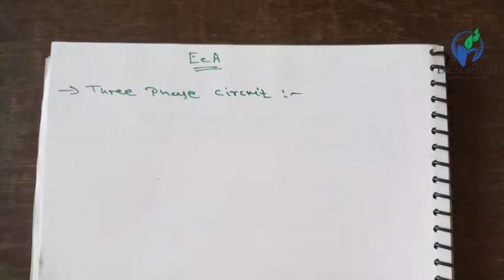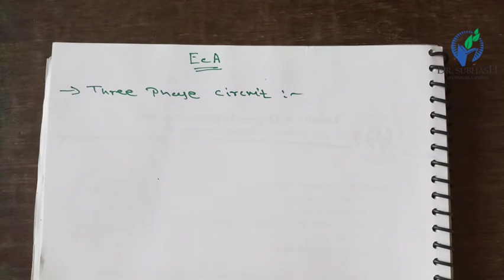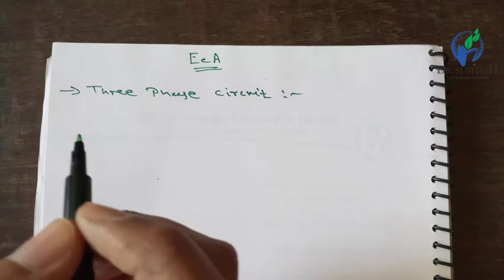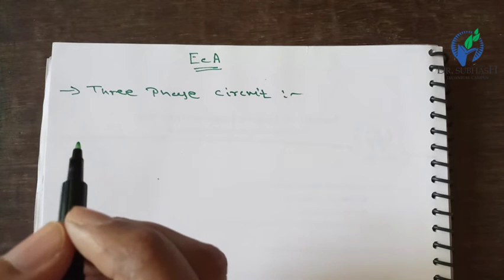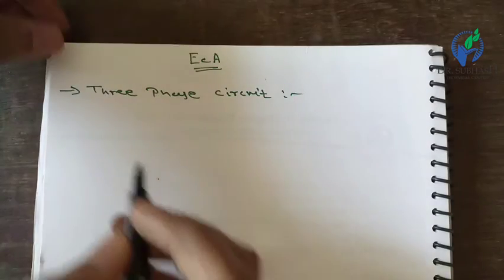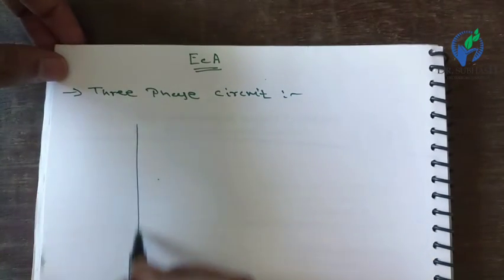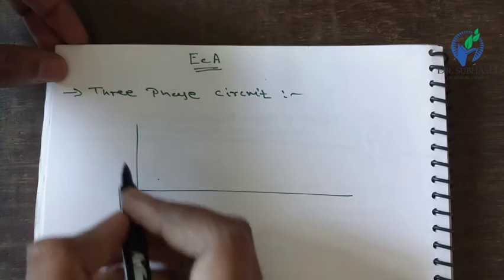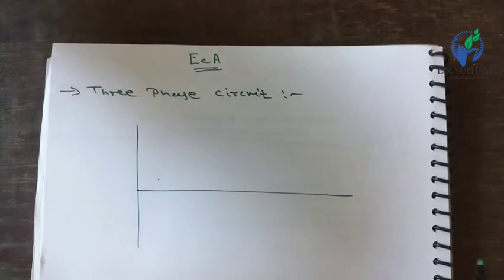By using this theory, we draw the three-phase waveform. For the three-phase waveform, here we draw a simple method. First of all, we draw the x and y axis for this system.